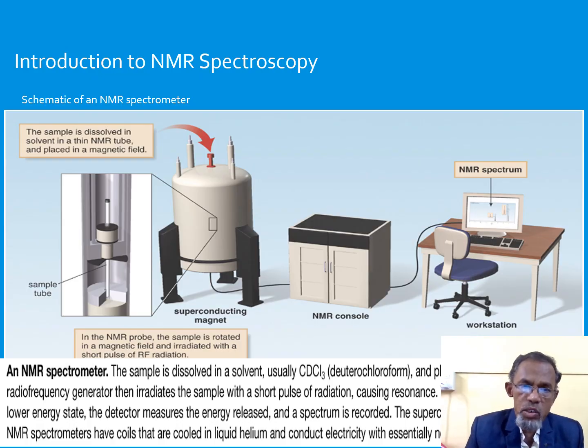Once the radiation is applied, the nuclei align with respect to the applied magnetic field. The difference of absorption energy from the lower state to the higher state, and the released energy, is recorded in the detector, which measures the energy released, and the spectrum is recorded.